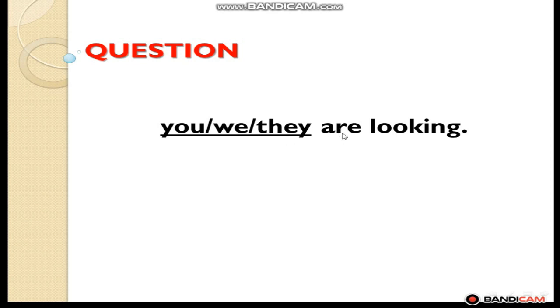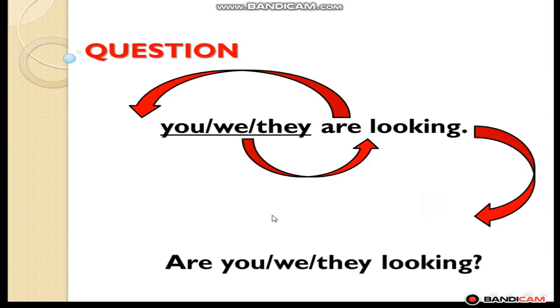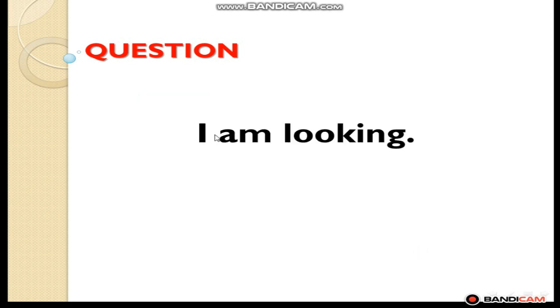We have to take the auxiliary verb to the front place and the subject to the auxiliary verb place, and then we have are you, we, they looking. The same thing with I'm looking.